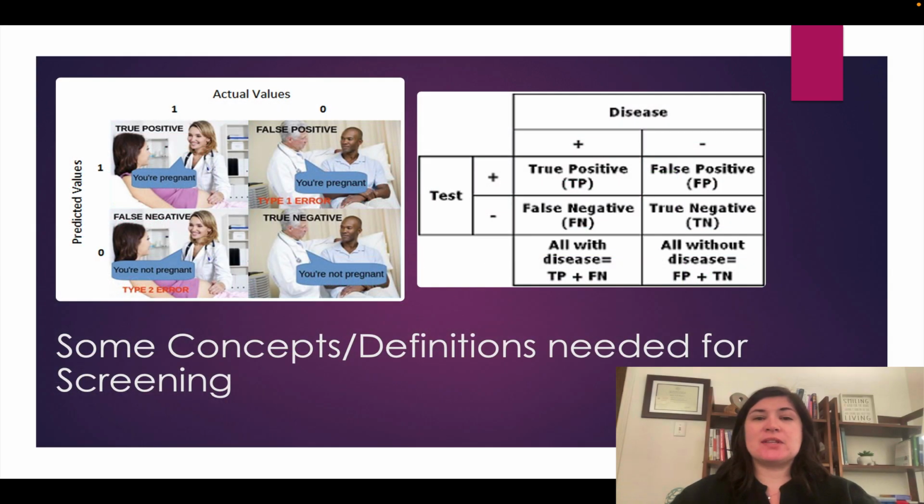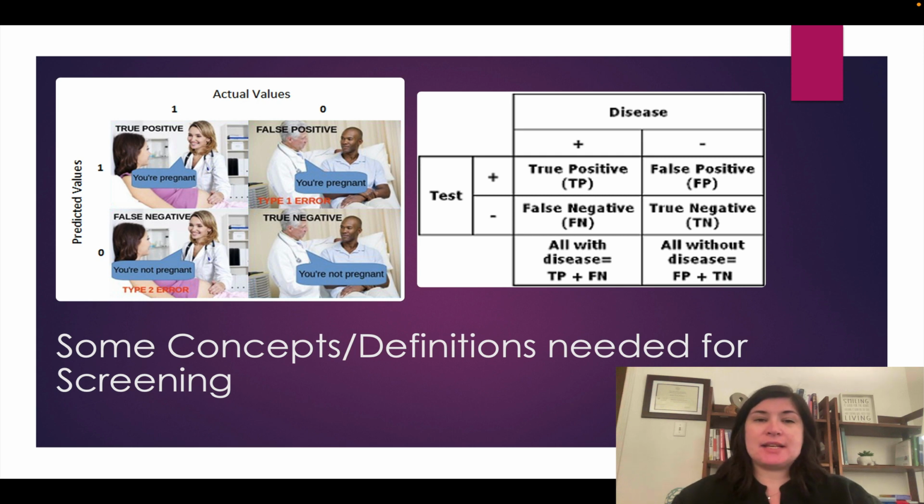Before we talk about some of the specific screening tools, I want to go over some concepts and definitions that are important when it comes to screening. When we're screening somebody to identify whether they have a possible potential problem or if they need further information, we need to understand that we're looking for a true positive score and a true negative score. So what are these?